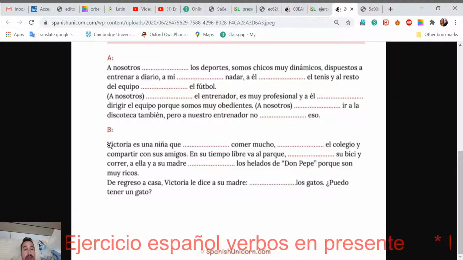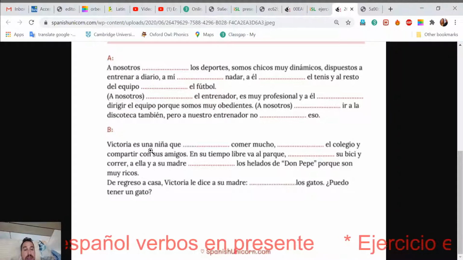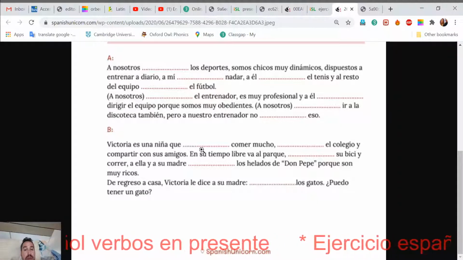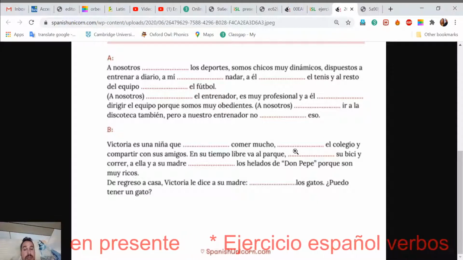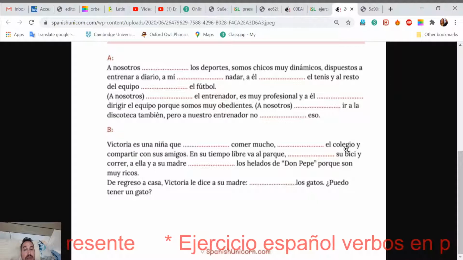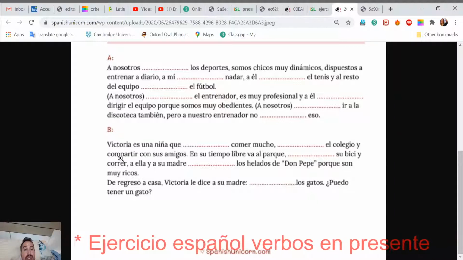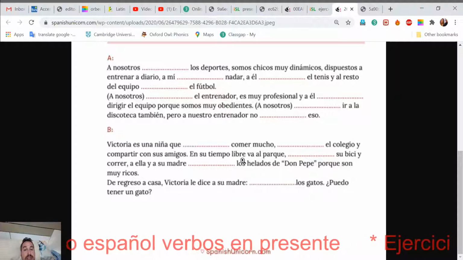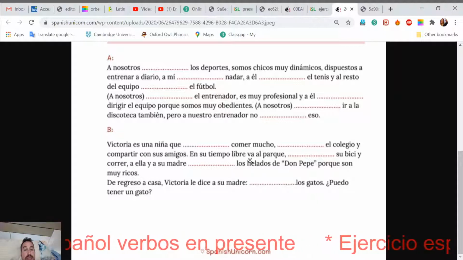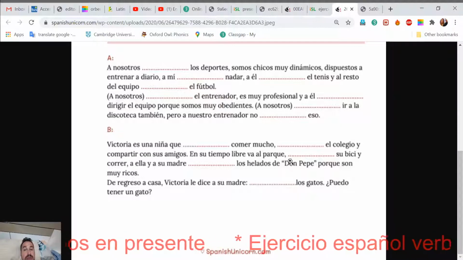Meaning, Victoria is a girl who likes eating a lot. She likes school, or that school literally, and sharing with her friends. In her free time, she goes to the park.